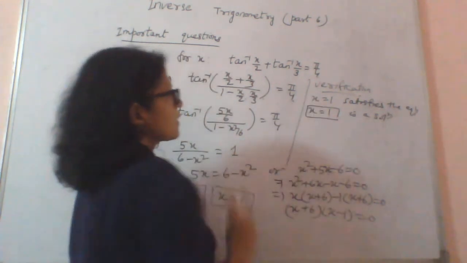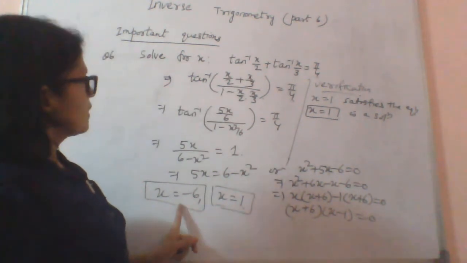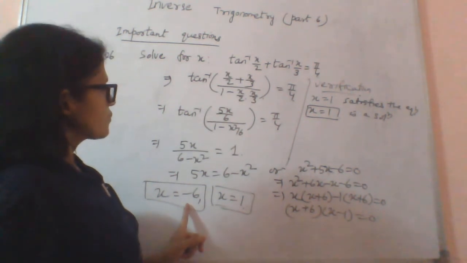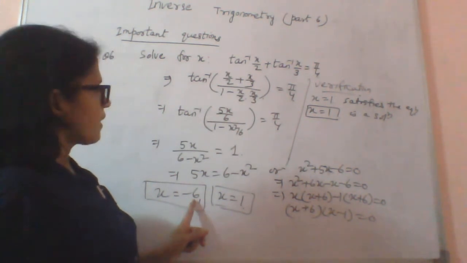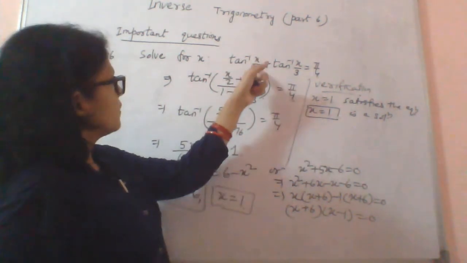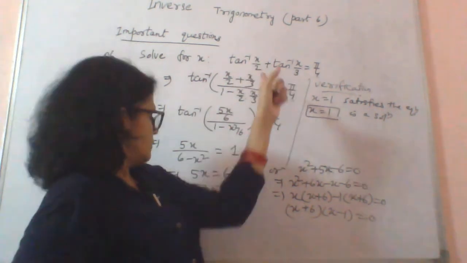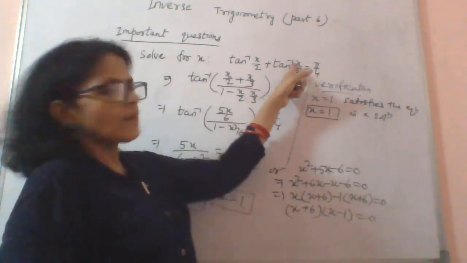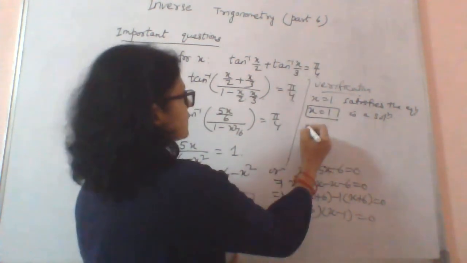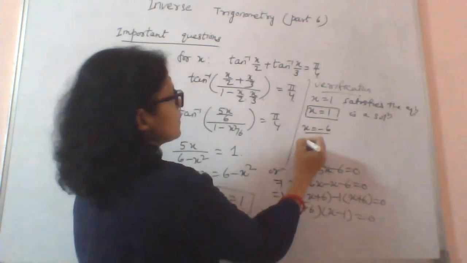Okay, so the second part: whenever you write minus 6, so x equal to minus 6, you are having tan inverse minus 3 plus tan inverse minus 2. Taking x equal to minus 6, what are you getting here?